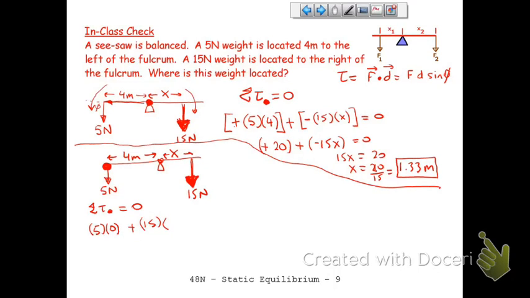It's going to be, who's going to do it? Do we count the 4? Do we count the x? 4 plus x. Okay. But that can't possibly equal 0. There's something not right here. Well, it's true.